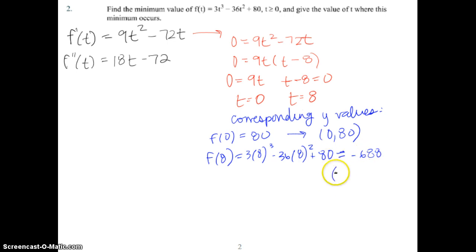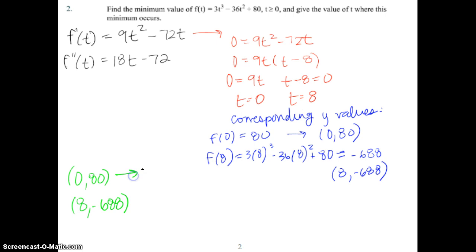So we'll have 8, negative 688. So we have two critical points: 0, 80, and we also have 8, negative 688.